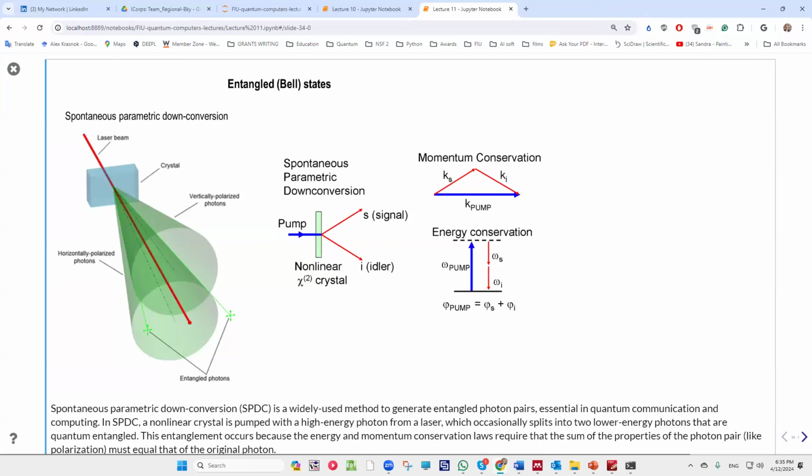Meaning, if we detect one, we immediately know everything about the second one, and so on. So this process is called spontaneous parametric down conversion, and it's very important for quantum photonics and optical quantum computing.